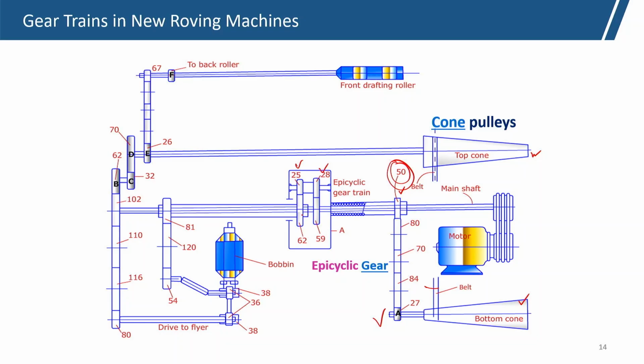It has nothing to do with the main shaft speed, but 59 is the sun roller, the sun gear, which revolves at the main shaft speed.